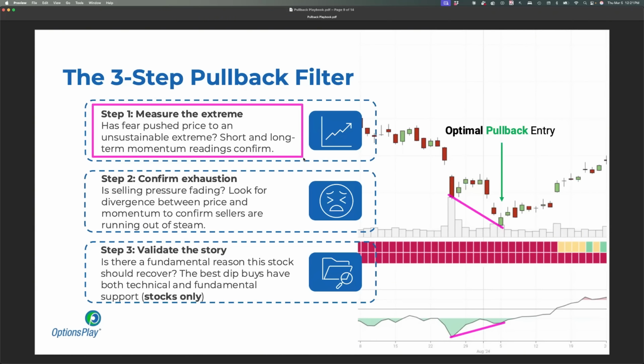However, I tend to find that you can use some further tools to help you filter out some false signals. And that is confirming the exhaustion, right? Is there anything else that you can use to gauge whether that selling pressure is starting to fade?